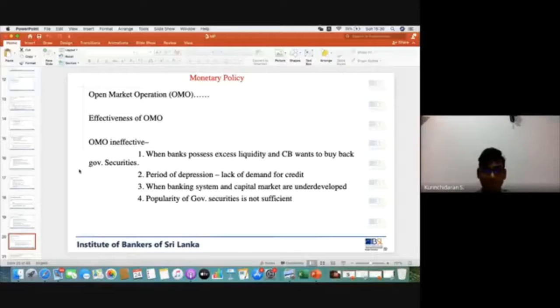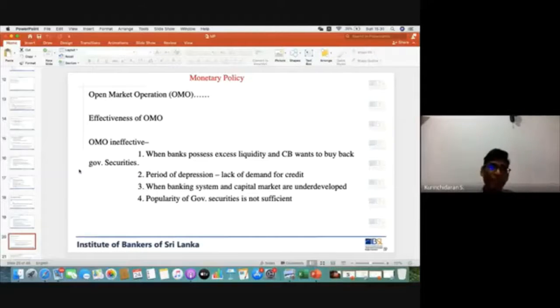What can they do? They can buy bonds and fund money to the banks, right? Then their credit creation capacity increases. They can give more credit, people get more money, and aggregate demand increases.